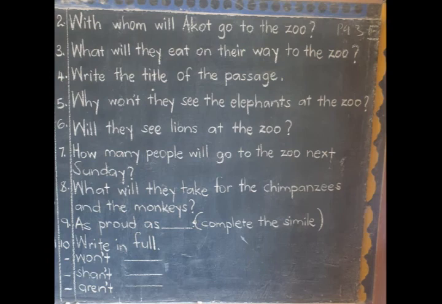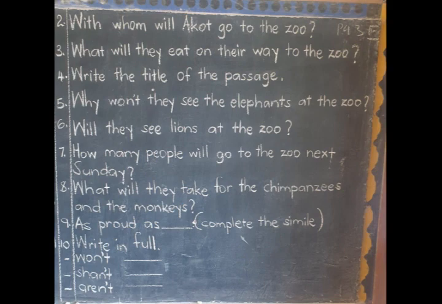Here we are, as proud as dash. When we go to our story, they talked about the peacock. We shall also see the peacock. They say it is the proudest bird of all. So that's where we get our simile to be fully completed. So we say as proud as a peacock.